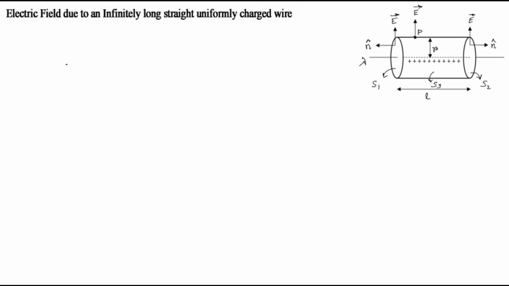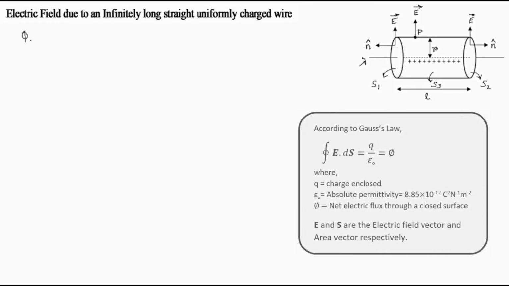So let's begin. First we will calculate flux due to surface 1, and we know from the formula of Gauss's theorem that phi is equal to the integration of E dot ds, where both E and ds are vectors and it is a dot product between them.